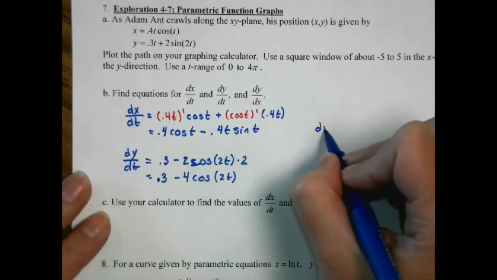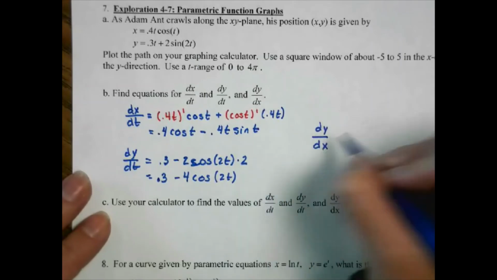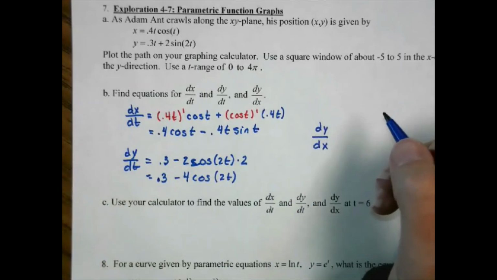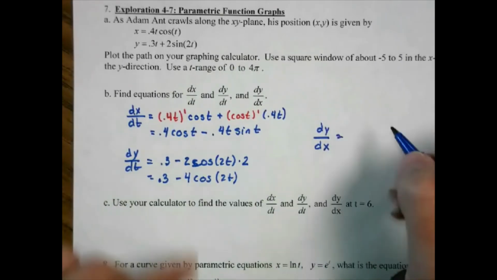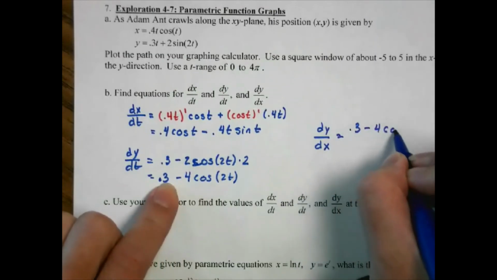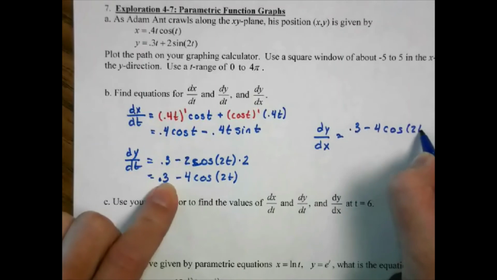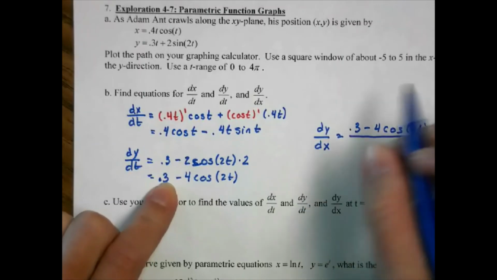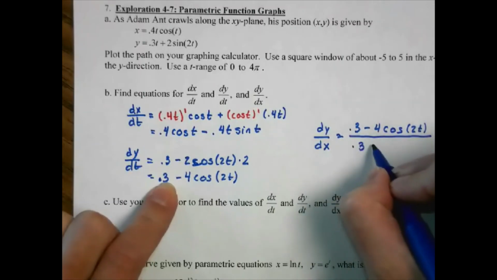Then we just combine them for dy dx. dy dx is going to be dy dt over dx dt.